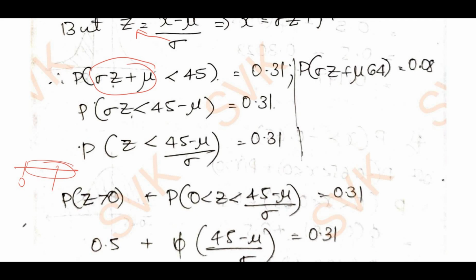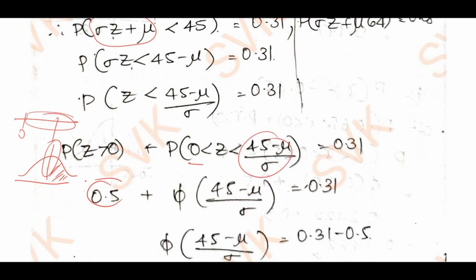We know that according to normal distribution, along this mean, this portion is 0.5. So I have written the probability of z greater than 0 as 0.5 plus phi of, as z is starting from 0 to this value, phi of 45 minus mu by sigma, which is equal to 0.31.